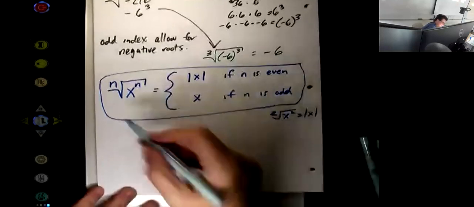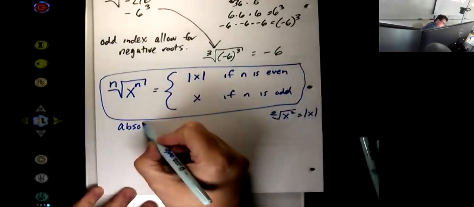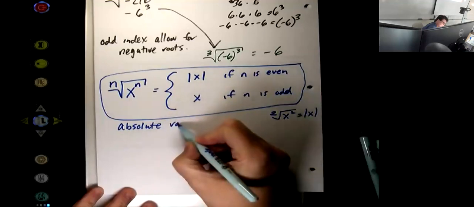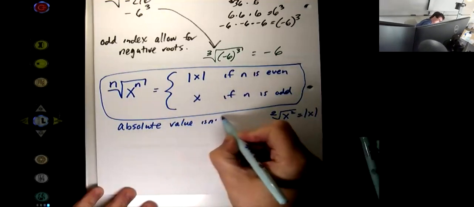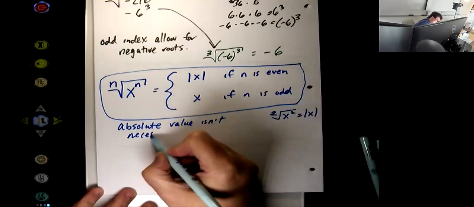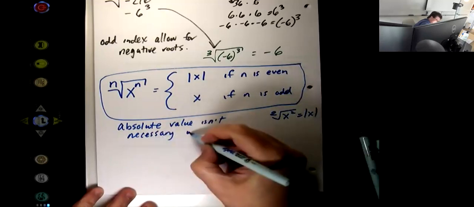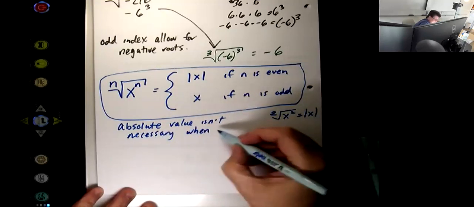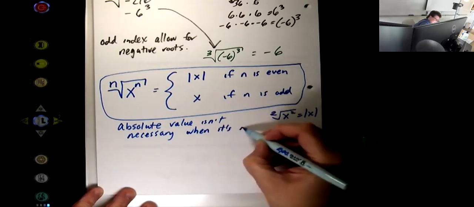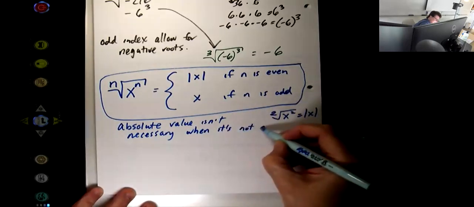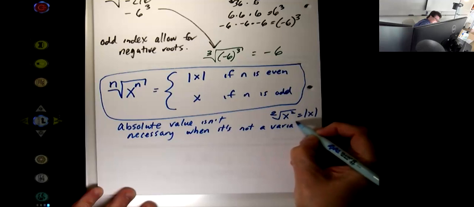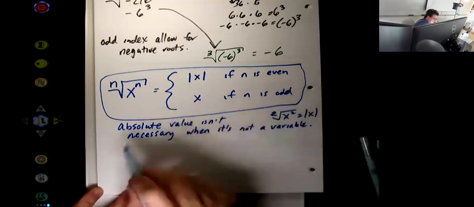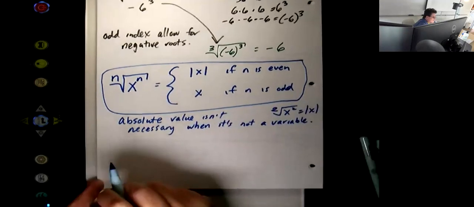The absolute value isn't necessary when it's a number. It's a number, not a variable. I haven't used absolute values on anything so far.